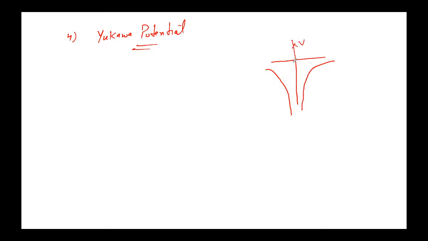So this is our value of V. At this point it is V naught, and at this stage it is minus V naught, and this we will derive in detail when we discuss the single point model.